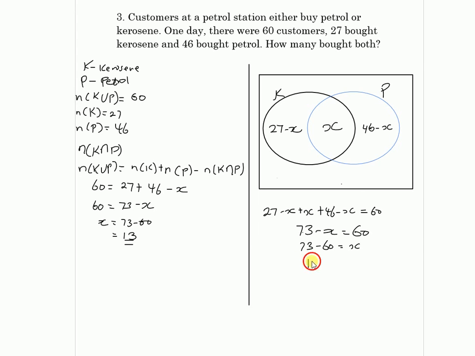So 13 is equal to X. Turn the equation around, X is equal to 13. Therefore, 13 customers bought both, because they asked how many bought both. So 13 customers bought both.